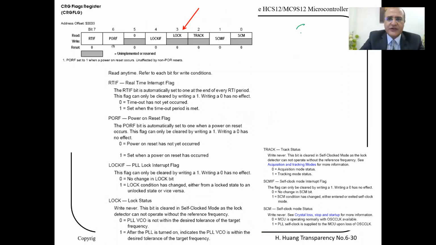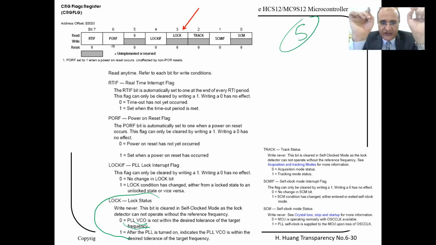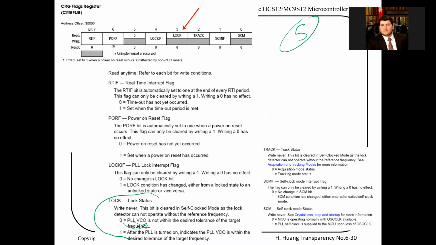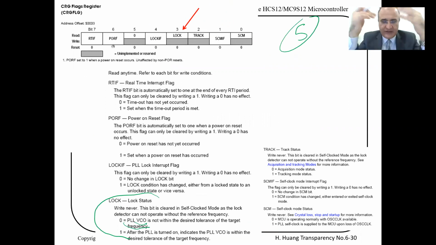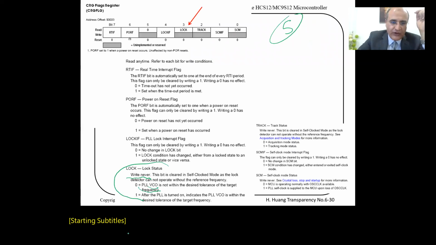Then we have a 5th register that tells the CRG block here, bit number 3, to lock when the PLL VCO, the voltage controlled oscillator, reaches its target frequency. It locks there. Before we start selecting or using the PLL clock, we don't write this, we never write it.